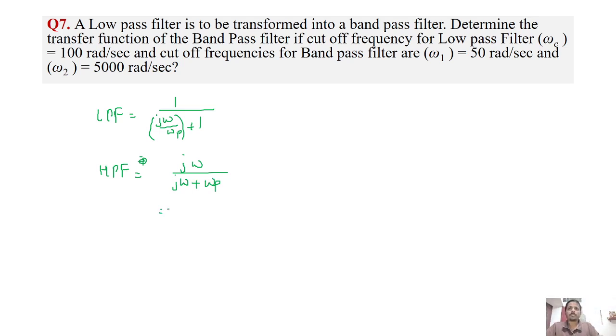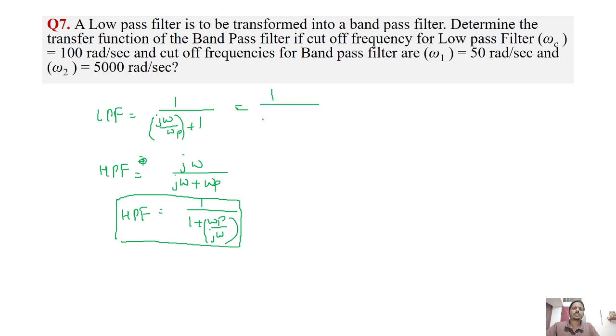If I bring j omega outside, it will be 1 by 1 plus omega p by j omega. This actually corresponds to a high pass filter, but it is similar to the low pass filter, which is 1 plus j omega by omega p. This is the transfer function of a low pass filter.